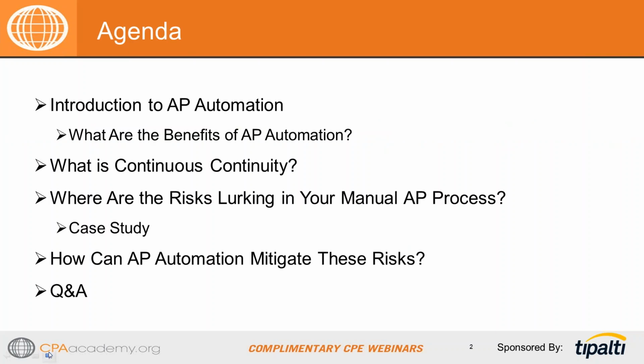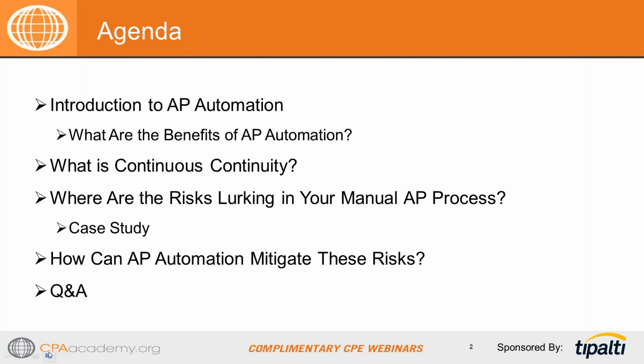Hello, everyone. Thanks so much for that great introduction. We're going to take a look at business continuity, or continuous continuity. Our agenda is going to focus on a little introduction to AP automation, what the benefits are, and then we'll define what continuous continuity is.